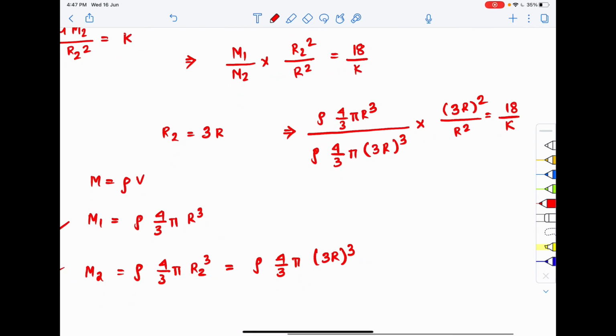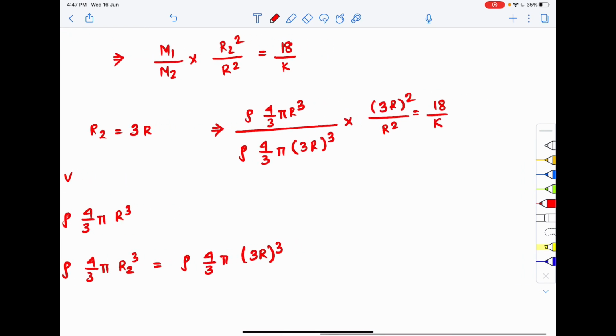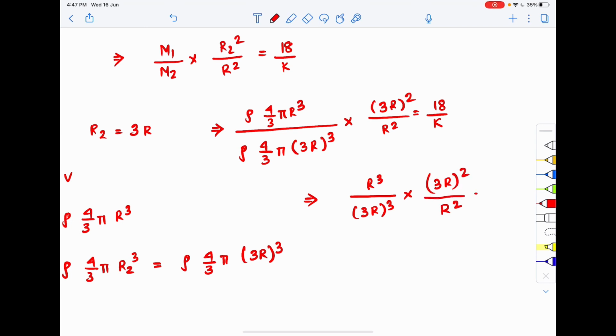So if I solve from here, I get r cube divided by (3r) cube, into (3r) square divided by r square, equal to 18 divided by k.